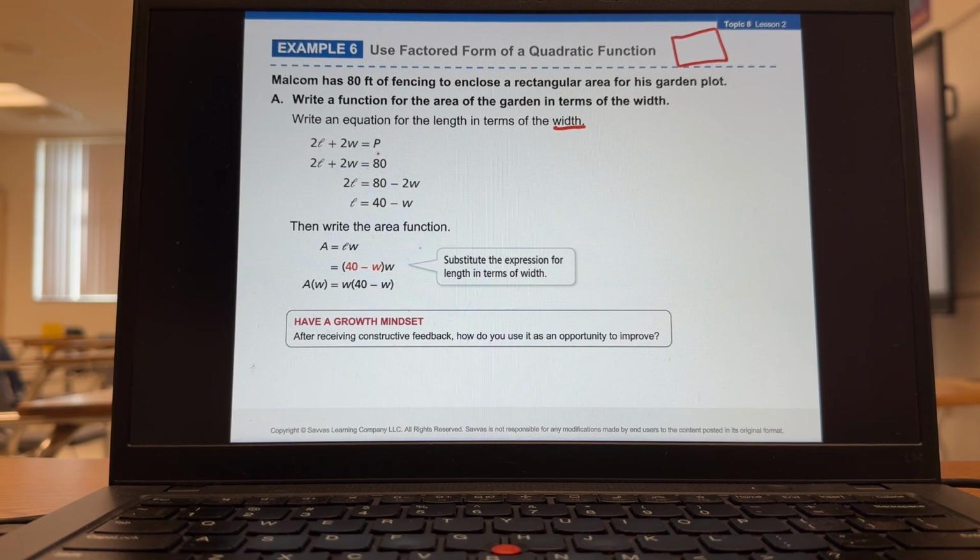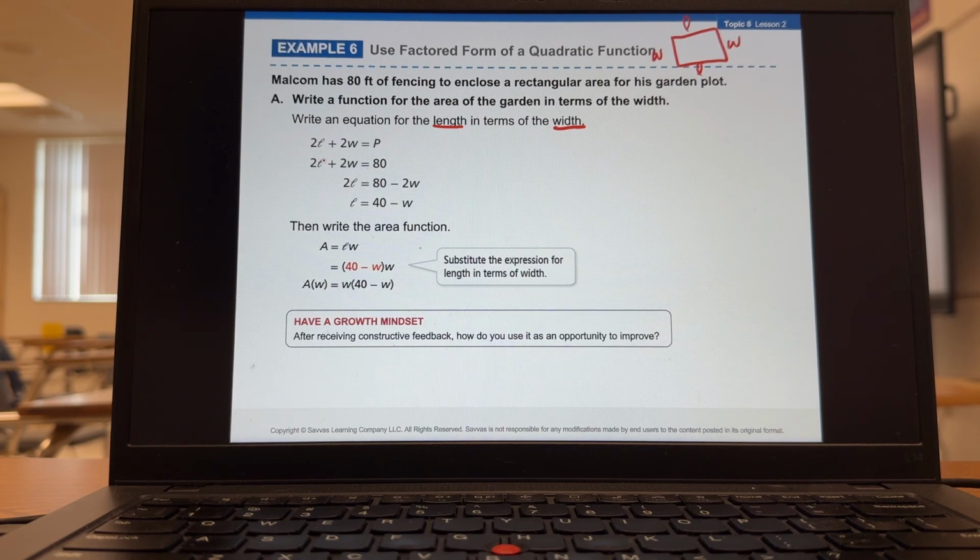So first, perimeter formula: you have 2 widths and 2 lengths, so 2L plus 2W equals P. In terms of the width, we're trying to write an equation for the length, so you're trying to get length by itself. This goes back to topic 1.